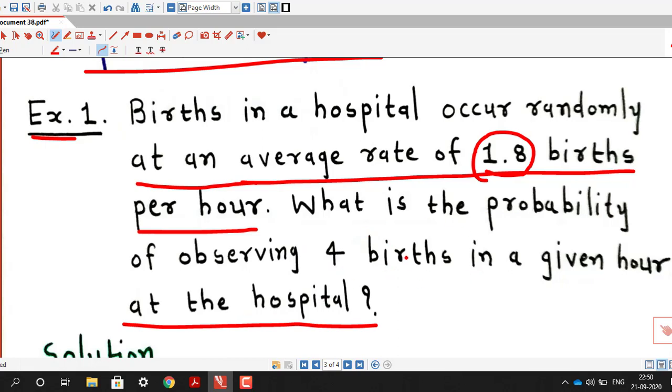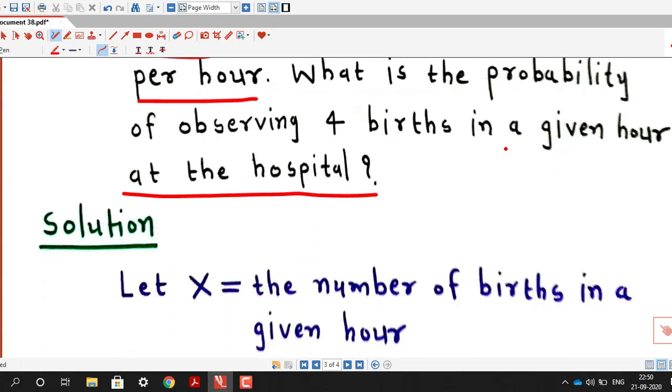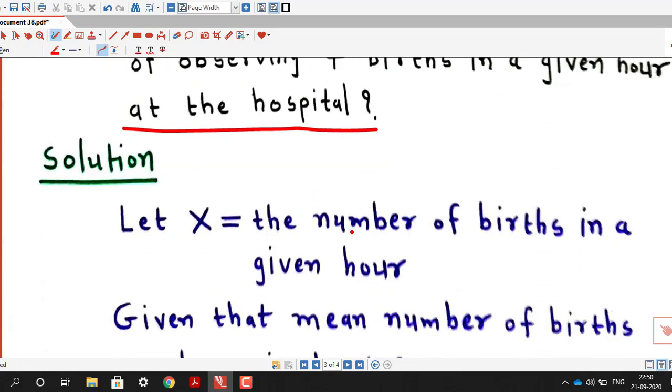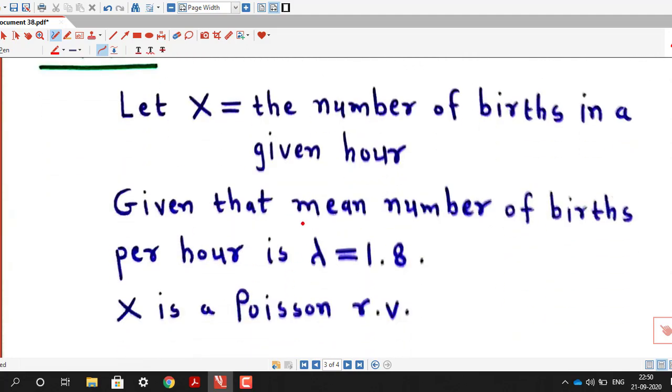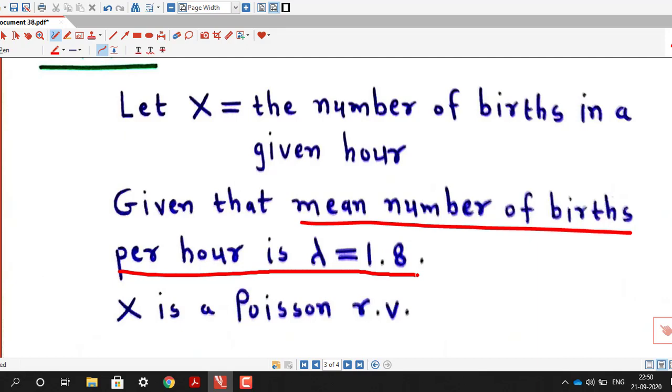So here we are interested in the occurrence of 4 births in a given hour at the hospital. So we will define our random variable capital X to be the number of births in a given hour, and the mean number of births in a given hour is 1.8. So that is the parameter of the distribution. So let capital X equal the number of births in a given hour, given that the mean number of births per hour is lambda equal to 1.8.